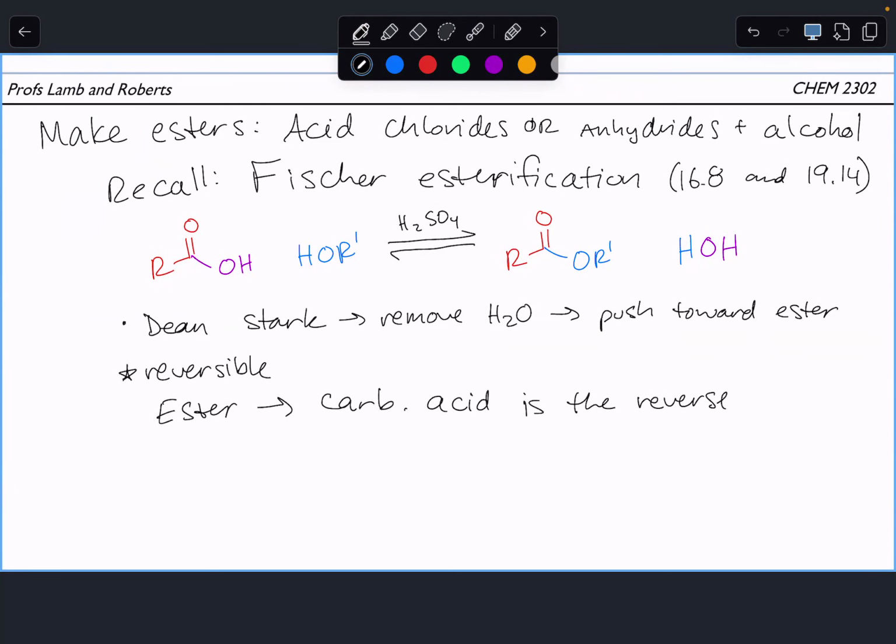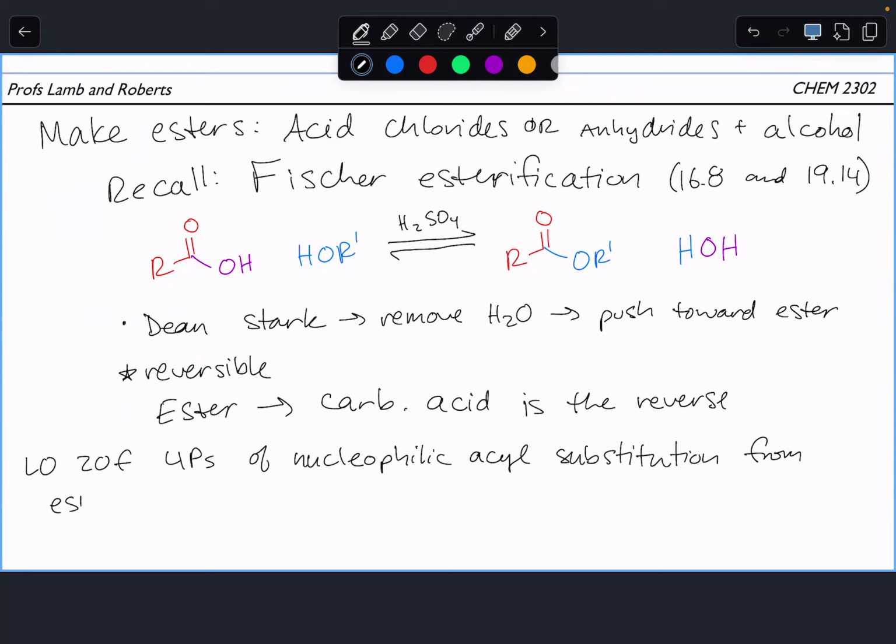This is our next learning objective. So the 4 P's, again, it's a nucleophilic acyl substitution from esters to carboxylic acids, which we can call hydrolysis, right?